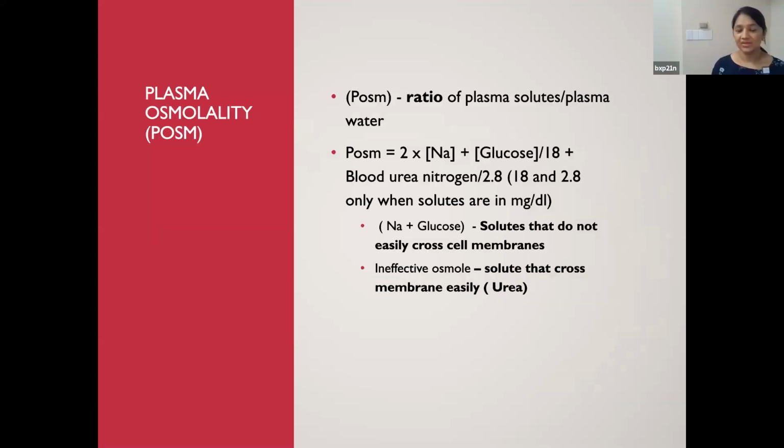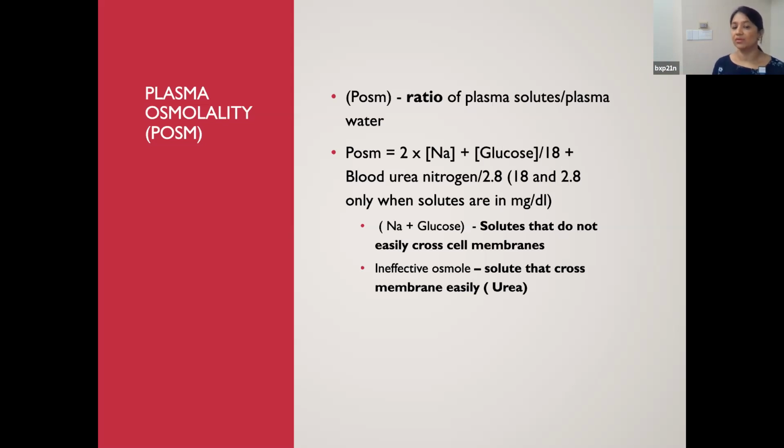And plasma osmolality, so this is how we would calculate the plasma osmolality. We all know it will account the sodium, glucose, and the BUN. And when you measure these molecules in milligram per deciliter, you have this denominator of 18 and 2.8. If you are doing in millimole, then you just go without those numbers, okay?